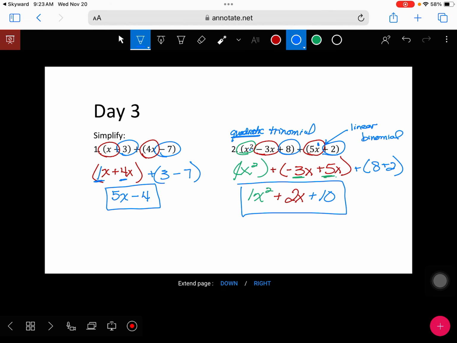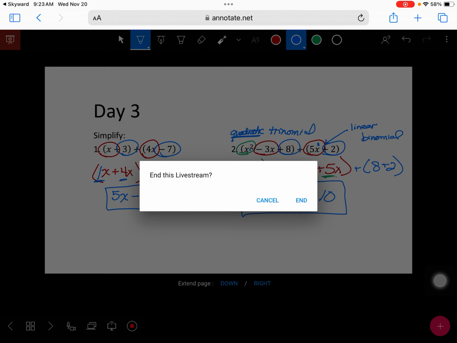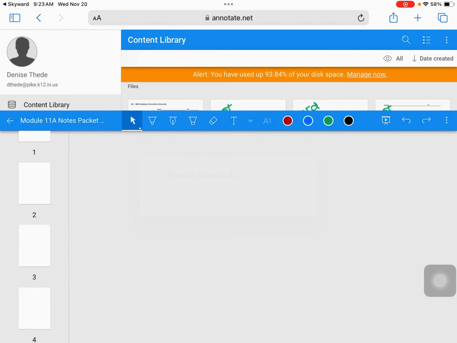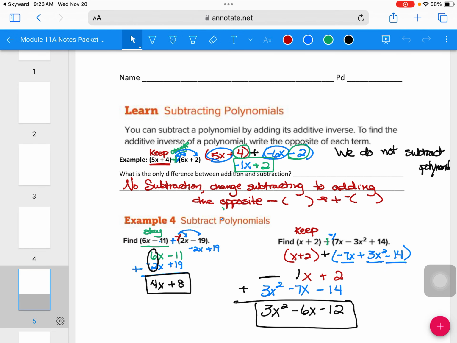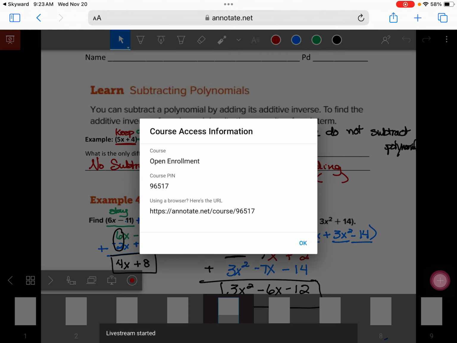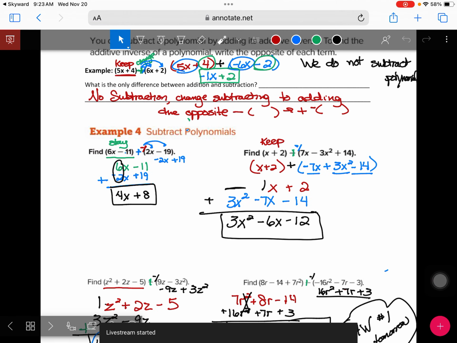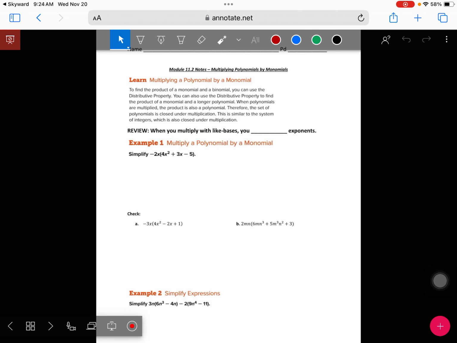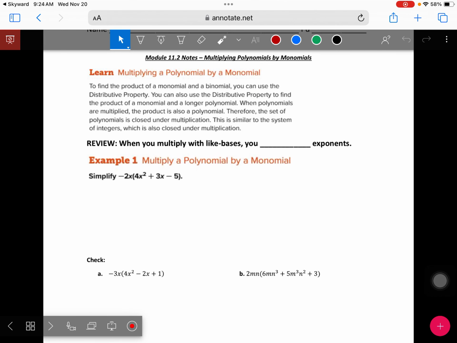Okay. All right, let's go to our notes. We are multiplying. So yesterday we did addition and subtraction, except there's not really any subtraction. Today we are multiplying. Okay?